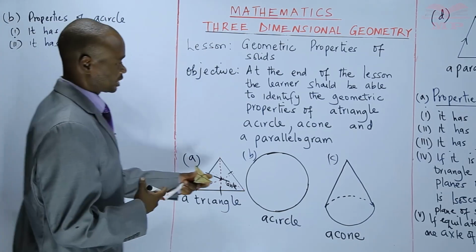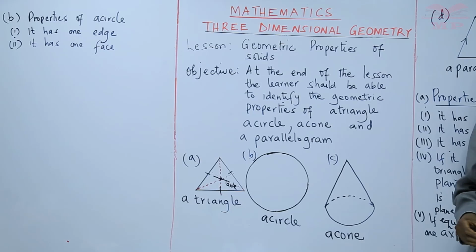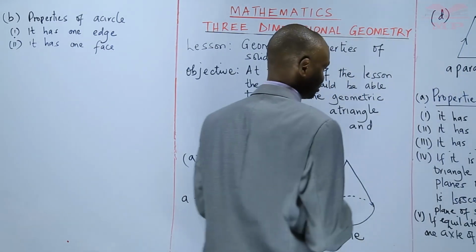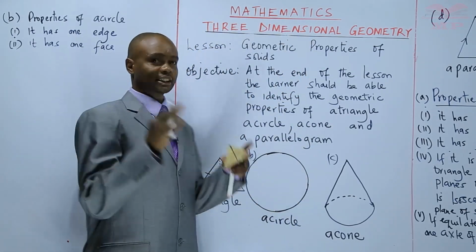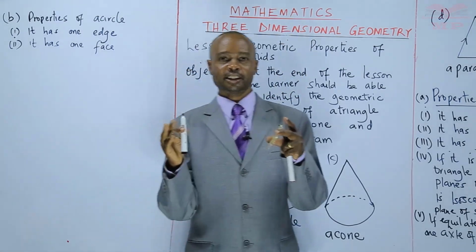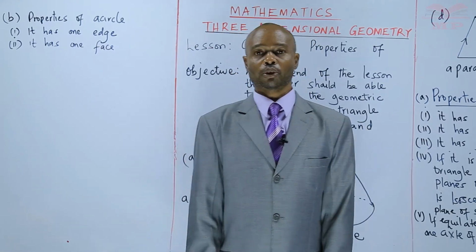We look at its symmetry. The symmetry of a circle, planes of symmetry. You realize any diameter cuts the circle into two equal parts.